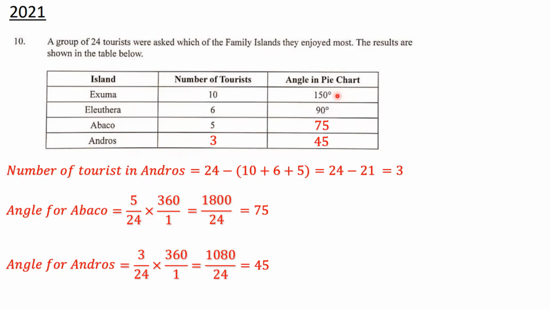I didn't put the question here for some reason, but the next part of the question is that they want us to draw it out using our pencil, our ruler, our compass, and protractor. So they want us to actually construct this pie chart using these angles.